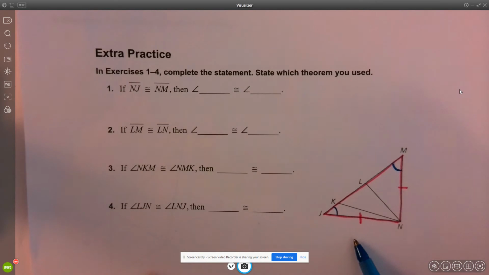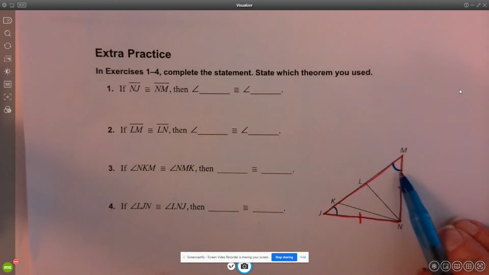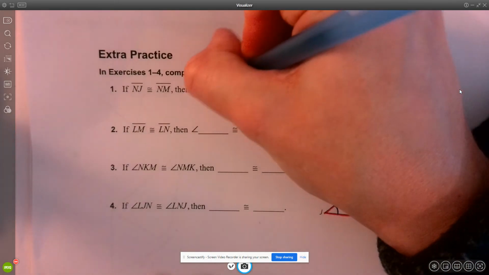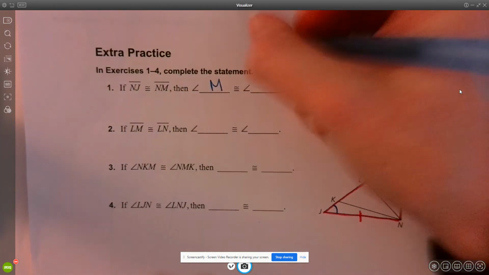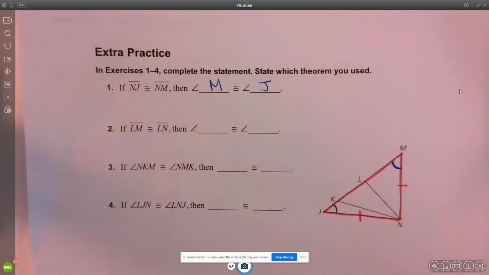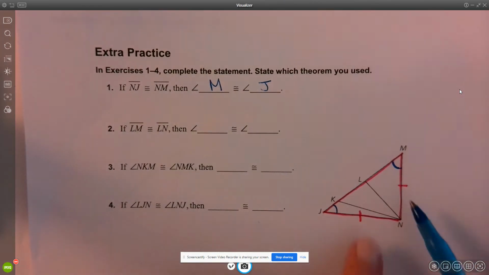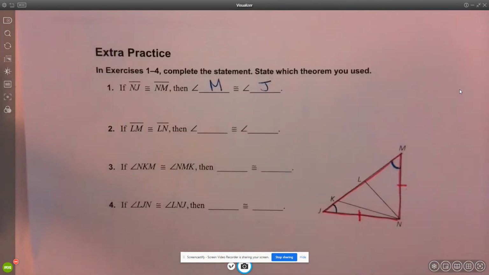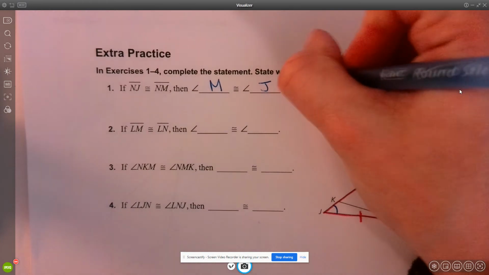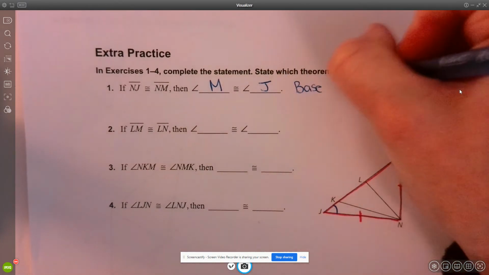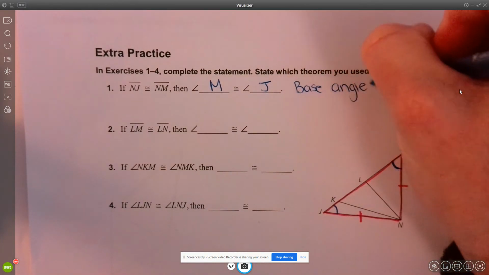So this tells us that angle M must be congruent to angle J. And the theorem that says if the legs are congruent, then the base angles are congruent is the base angles theorem.